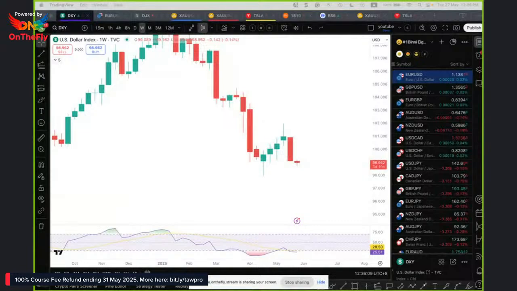So what is the meaning of wash and rinse here? Take a look at this candle. Let's label it as a starting point, and then 1. You find that price closed above the previous one. That would be a bullish movement.